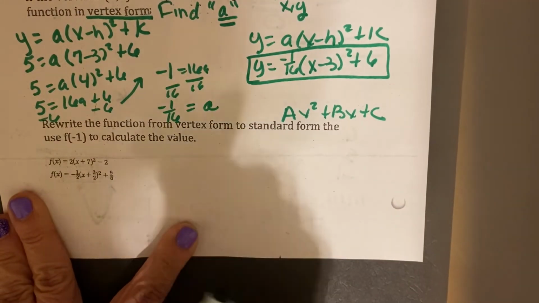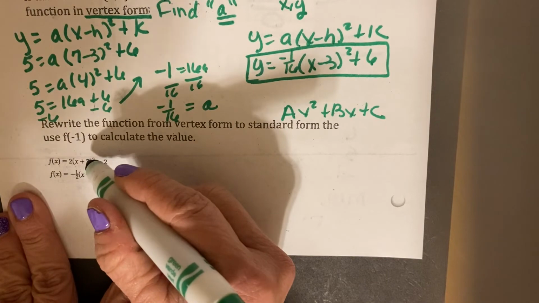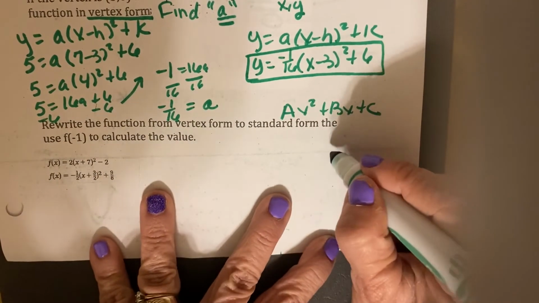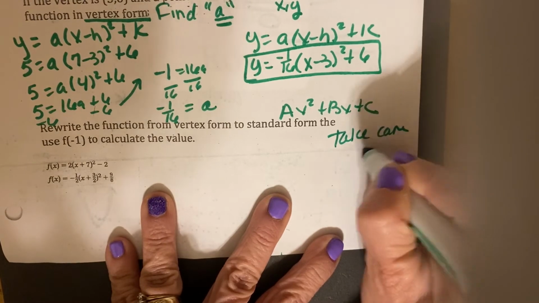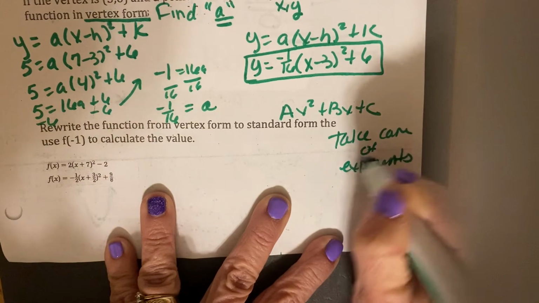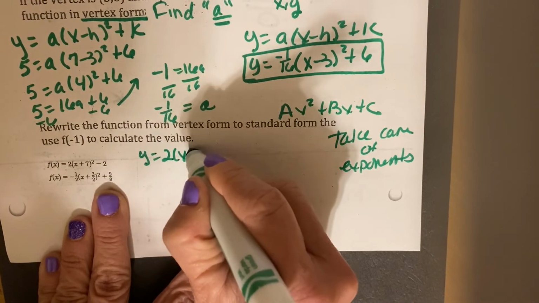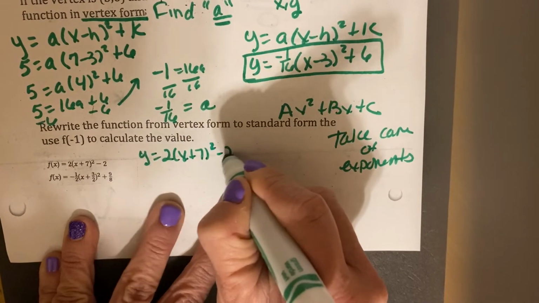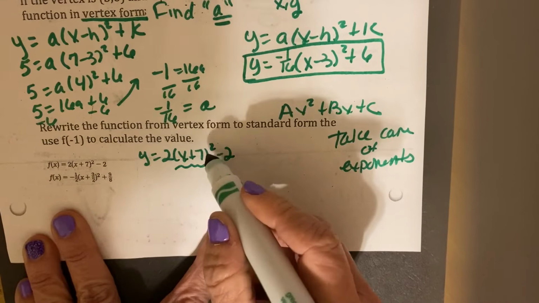And so I have to follow PEMDAS. I have to take care of my parentheses first, so take care of your exponents. So I have y is equal to 2(x plus 7) squared minus 2. I have to take care of this part right here, which means I have to factor that.